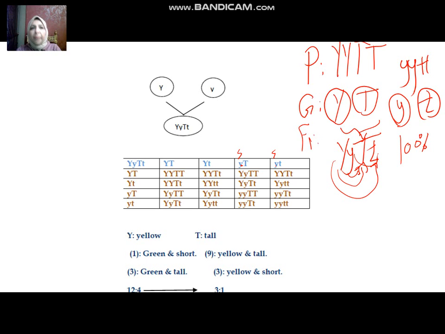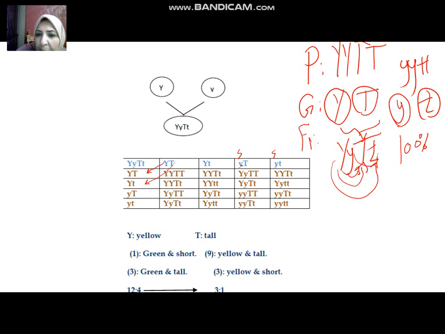Now we will make fertilization between the individuals, first with first, Y capital, T capital, T capital. Now, first with second.